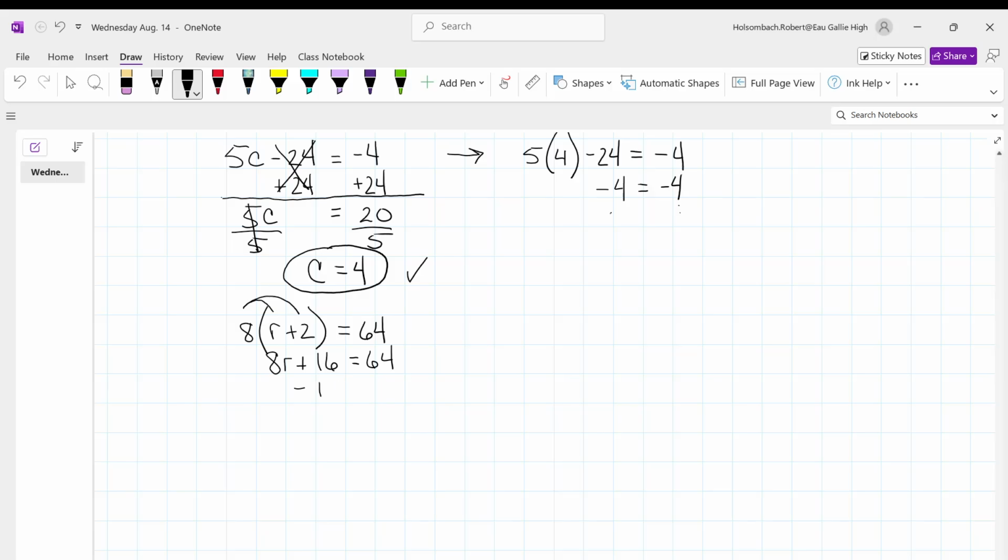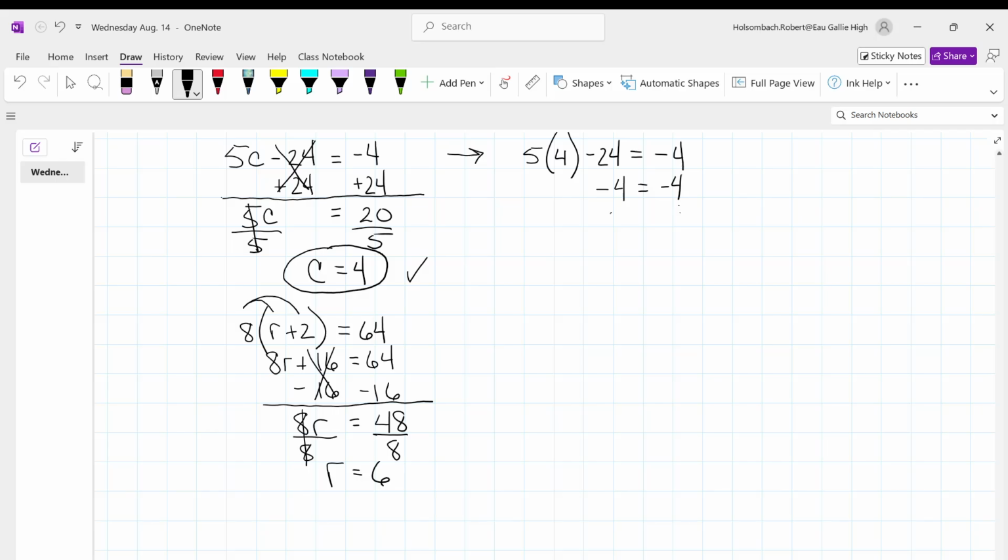Next, we can subtract 16 from each side. Our 8r falls down. Our 16s cancel out. And 64 minus 16 is 48. And then we can divide both sides by 8. The 8's cancel, and our r is equal to 6.